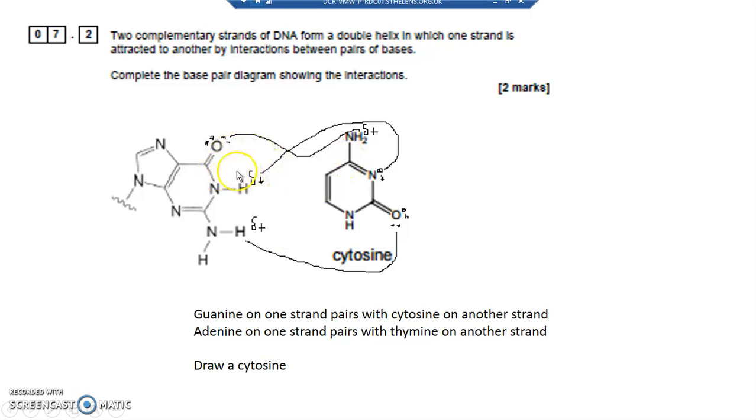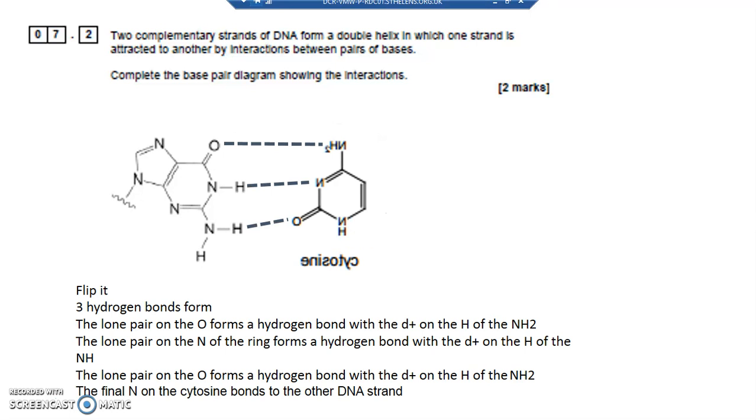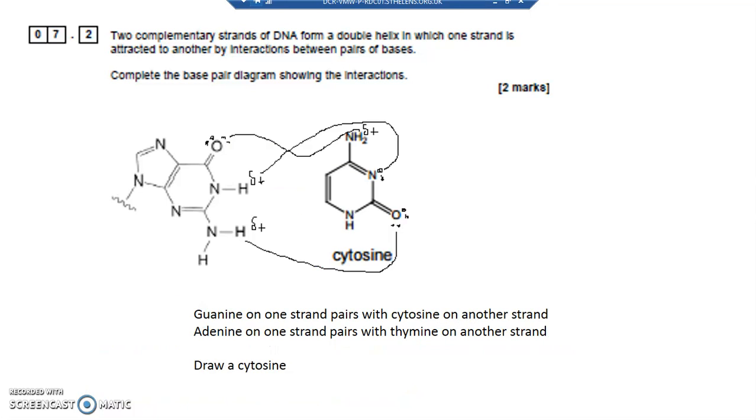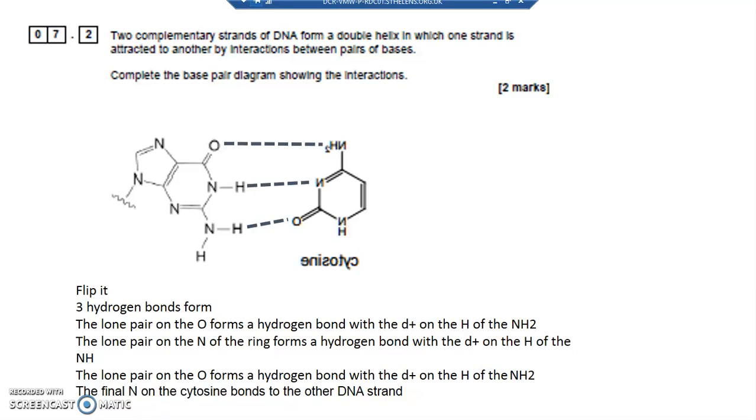The problem is my streams cross, so I'm going to have to flip this over like this, flip it so that the NH2, the N and the O line up properly, and then the streams don't cross, or rather the hydrogen bonds don't cross.